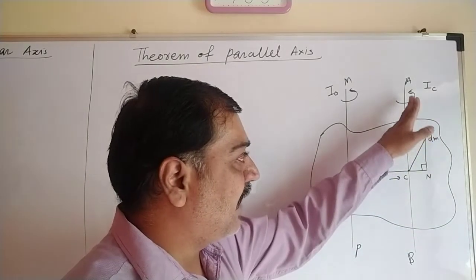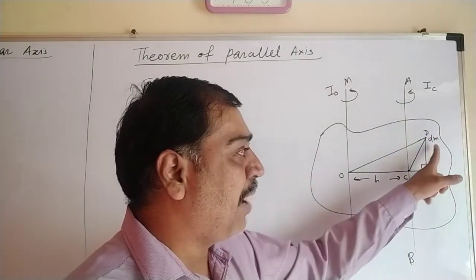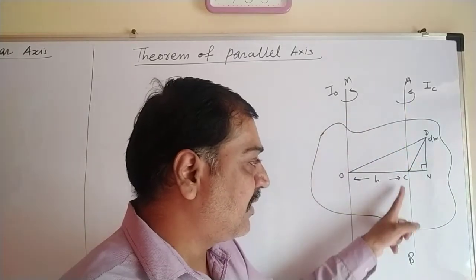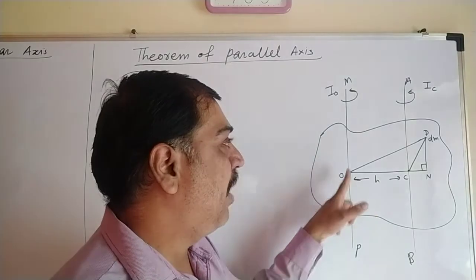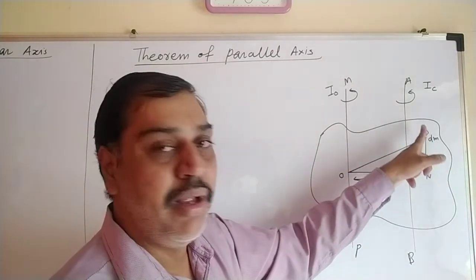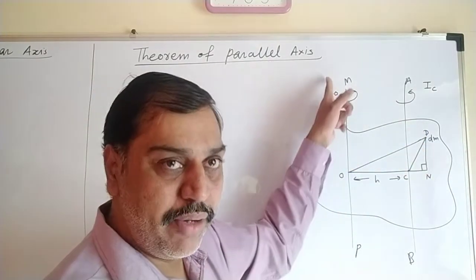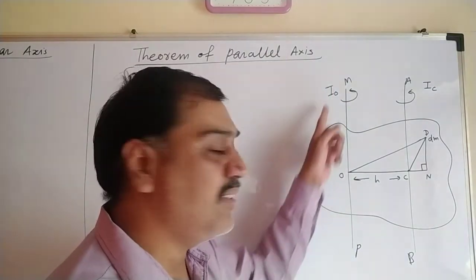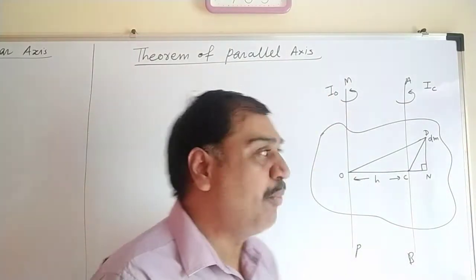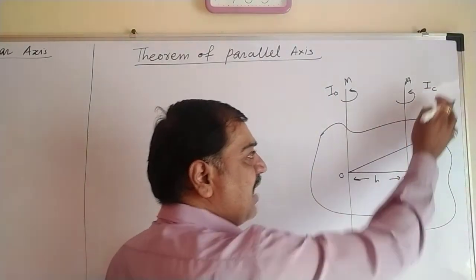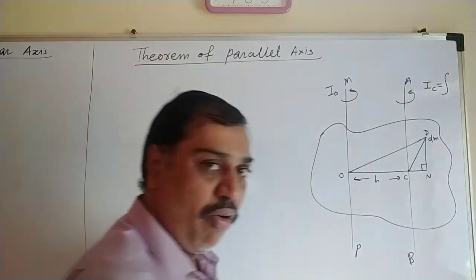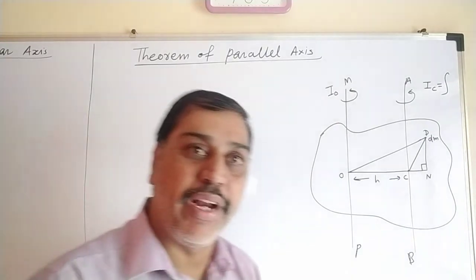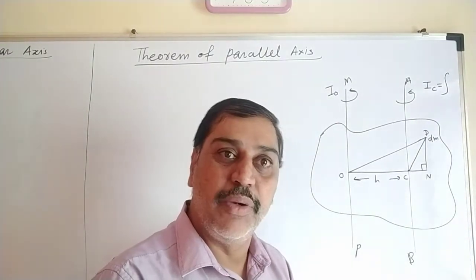In this case, let us suppose the moment of inertia of this mass dm about the axis ACB is IC. In the same way, the moment of inertia of the same mass dm kept at point D about the second axis MOP is I0, suppose. Then IC can be written as an integration. Moment of inertia means mass into distance square.